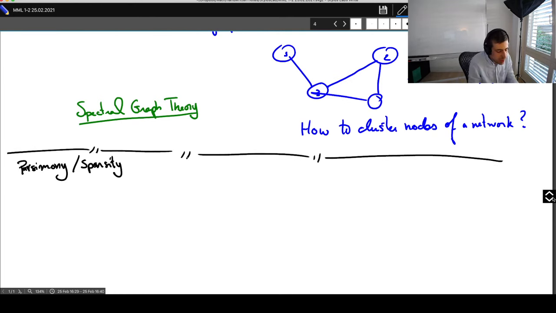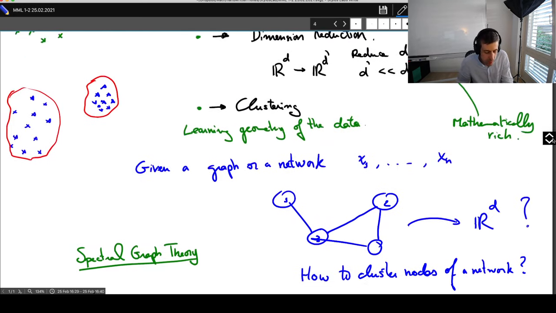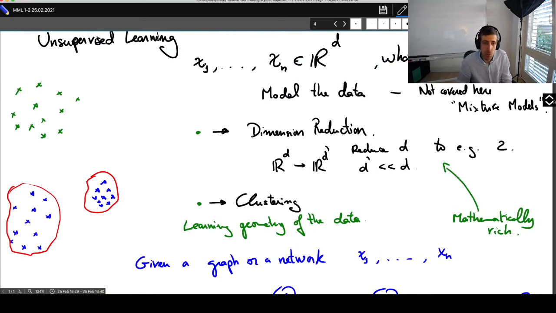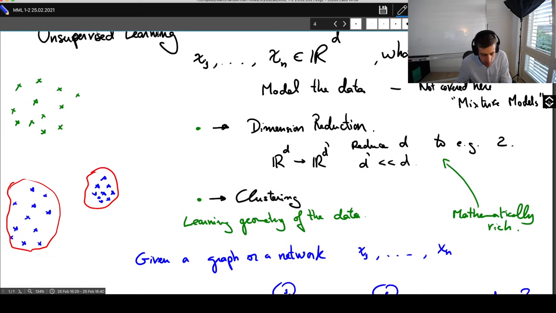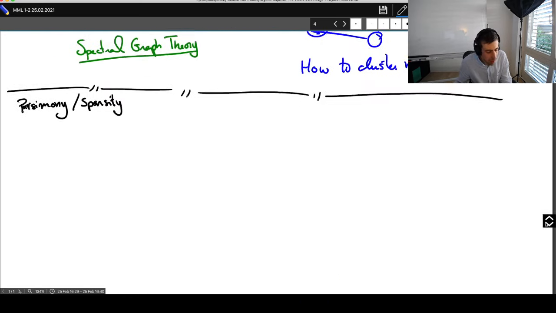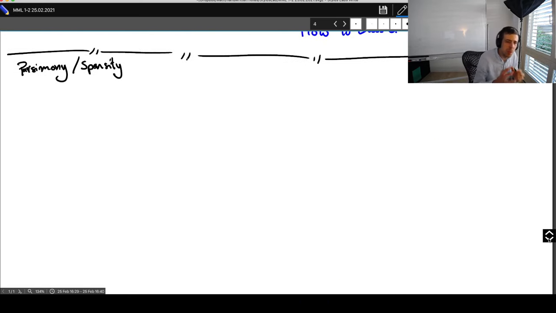Before, we had points, and we wanted to understand their geometry. We knew nothing about these points. But here is more the setting where we know some structural properties of what we're trying to learn, and we want to exploit these structural properties to learn it effectively.